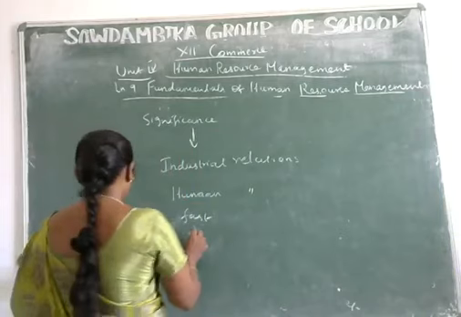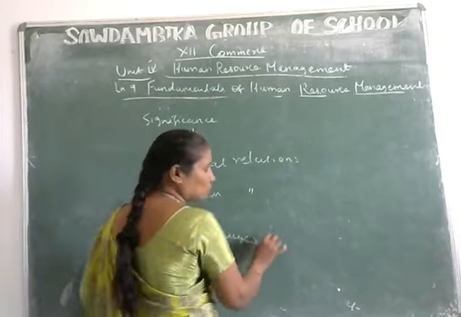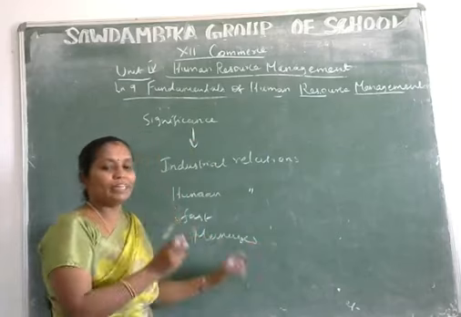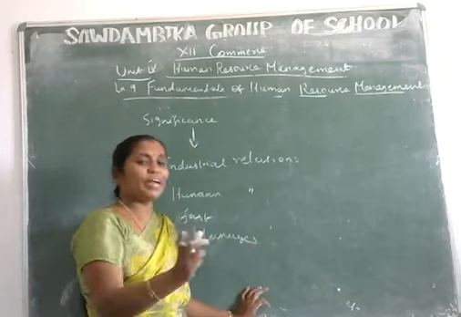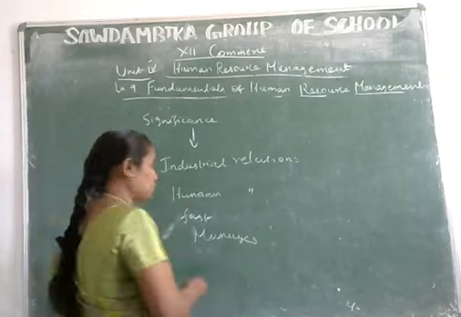And also the human resources manage the factors of production. What are the factors of production? Land, labor, capital, and the entrepreneur. So human resources have to manage the factors of production.